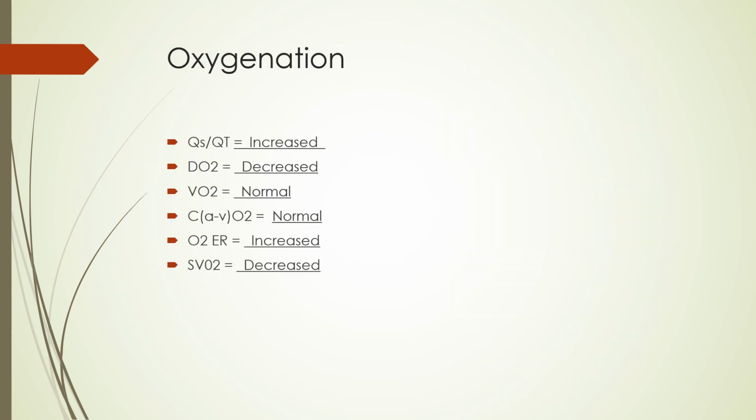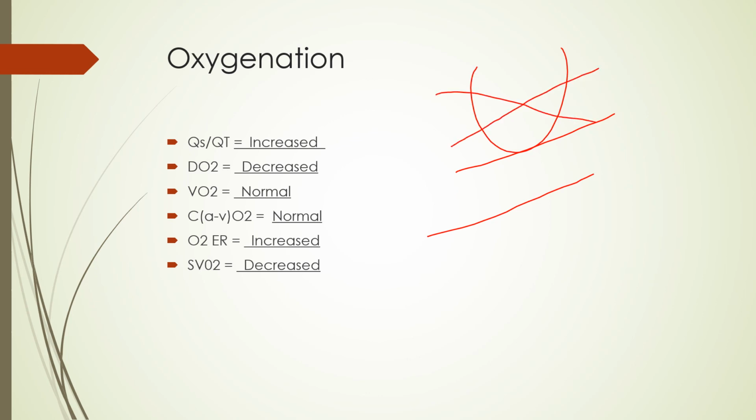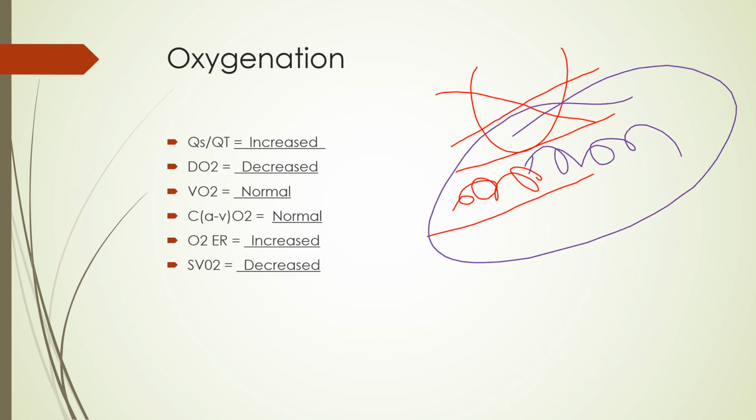Oxygenation, this is going to be a shunt-like pathology because you have perfusion without ventilation. Remember, we're hypoventilating, so we have perfusion without ventilation. So by definition, it's a shunt. Decreased DO2 because our CaO2 is decreased, right? Because we're hypoventilating.